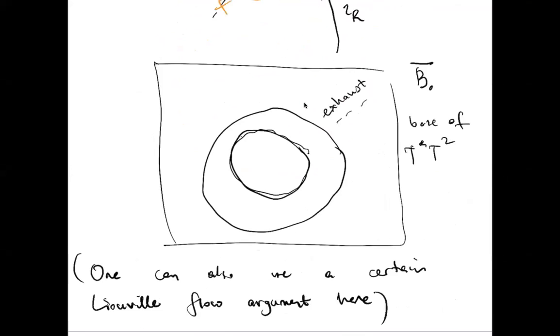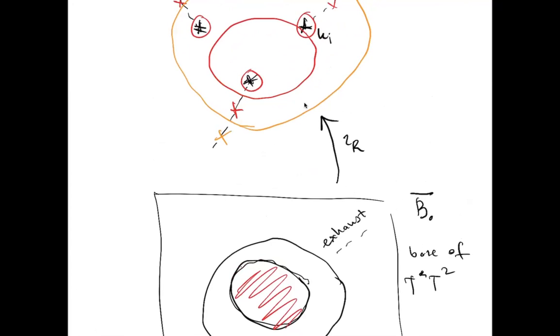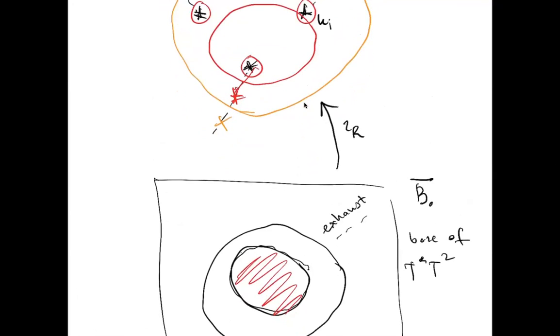I look at this piece of the exhaustion. If it doesn't fit, then I move some of these nodes so that now I can just naively embed that here. And then if I want to embed a bigger one, I move them even more, and then I embed that here.